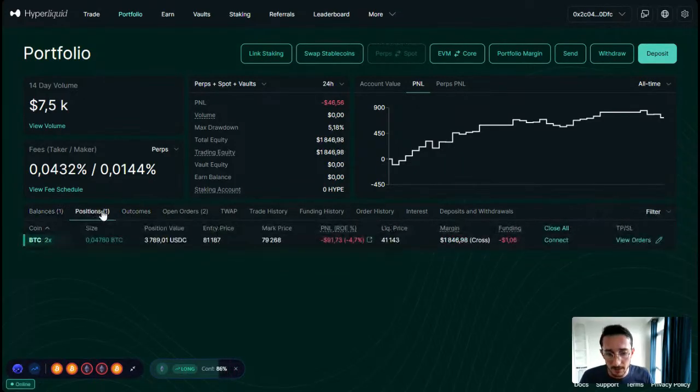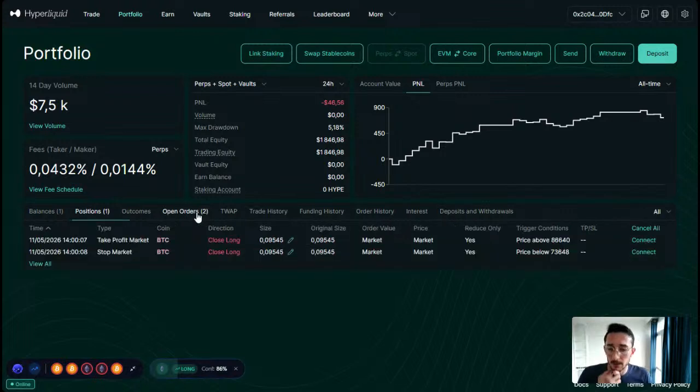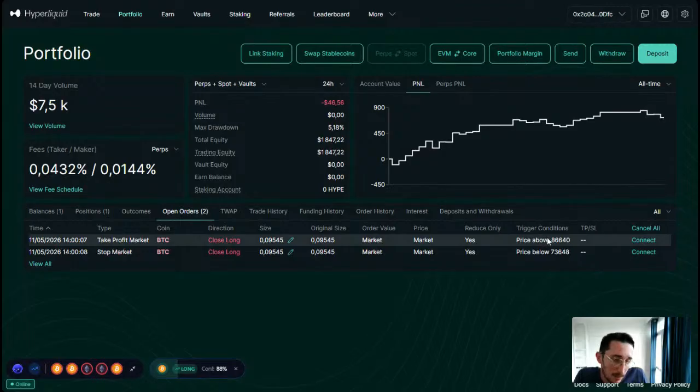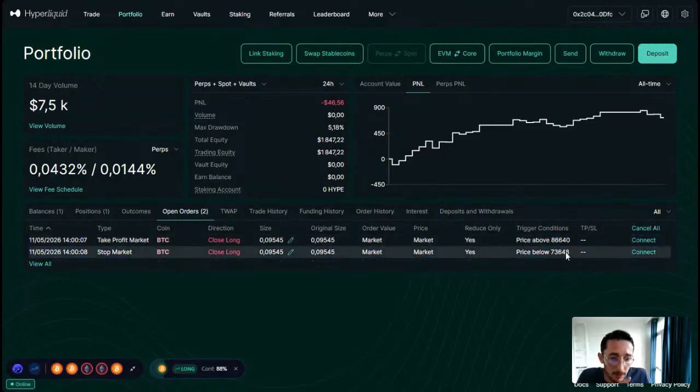And so yeah, it's currently down quite a lot, $91. But as you can see, it's been down more before, and it did end up closing in profit. This time it could be at a loss. But if you look at the trigger condition, it basically believes that the price will go to 86,000 before it goes to 73.6.